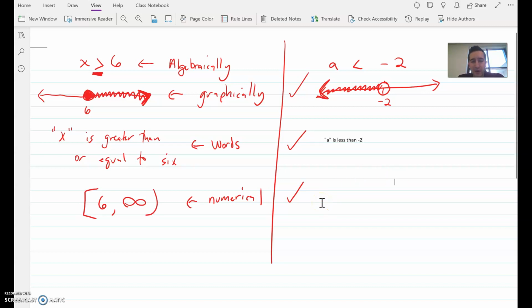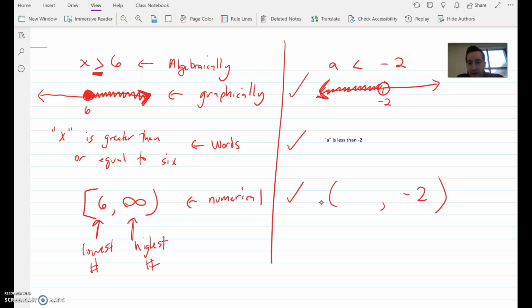And then numerically, this is the hardest. How would we show that it can be any number less than -2? Since we're going left, the lowest number is going to be on the left side of the parentheses. See how I used a positive infinity before to show that the lowest number is 6 and the highest number is infinity?